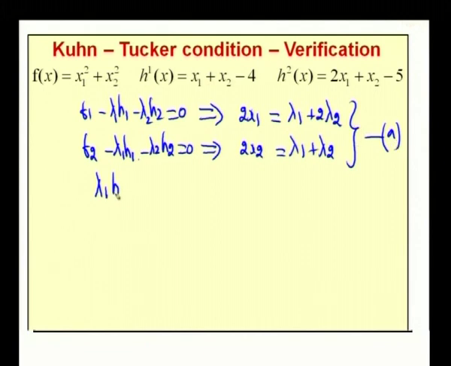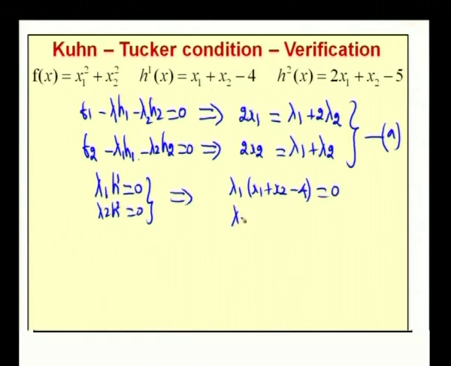We take these two equations as equation A. The next Kuhn-Tucker condition is lambda 1 h1 equal to 0 and lambda 2 h2 equal to 0. These two equations give us lambda 1 into (x1 plus x2 minus 4) equal to 0 and lambda 2 into (2x1 plus x2 minus 5) equal to 0.